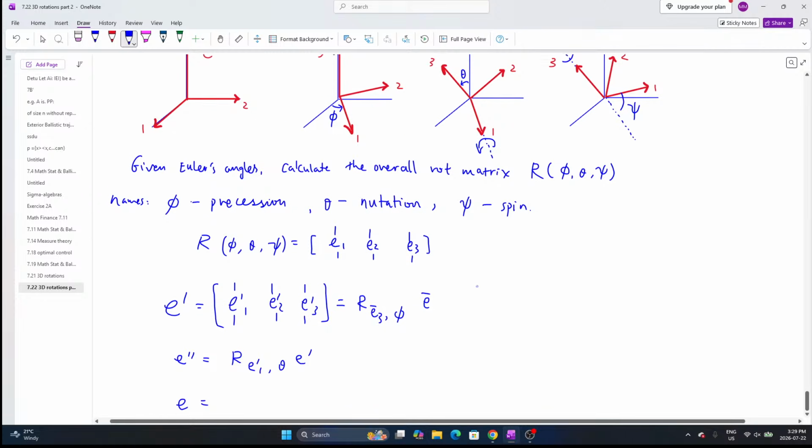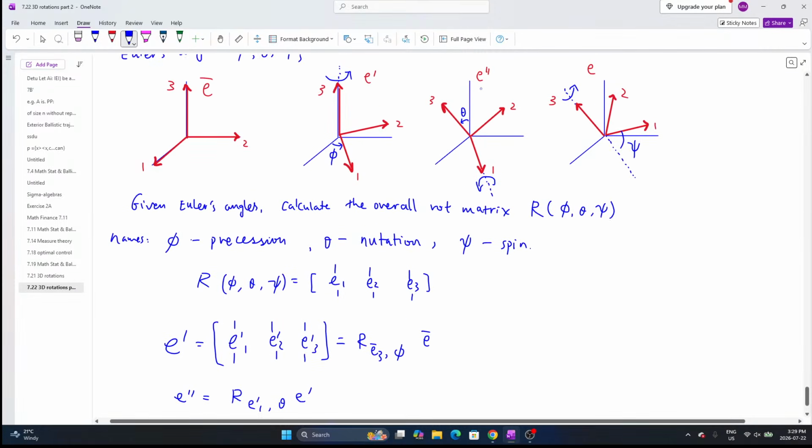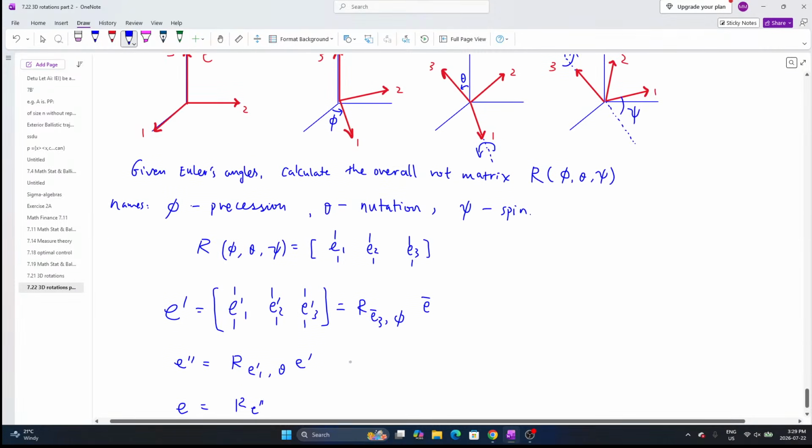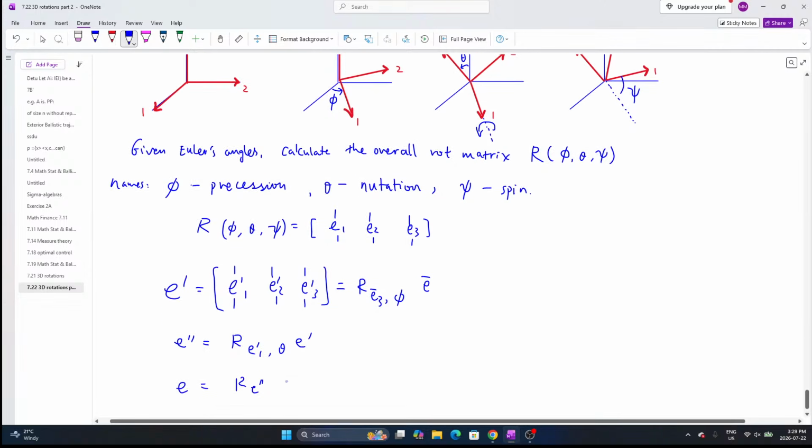The third rotation would be a rotation about E double prime with angle psi times E double prime. Yeah, so now you need just to calculate the consecutive matrix multiplication.